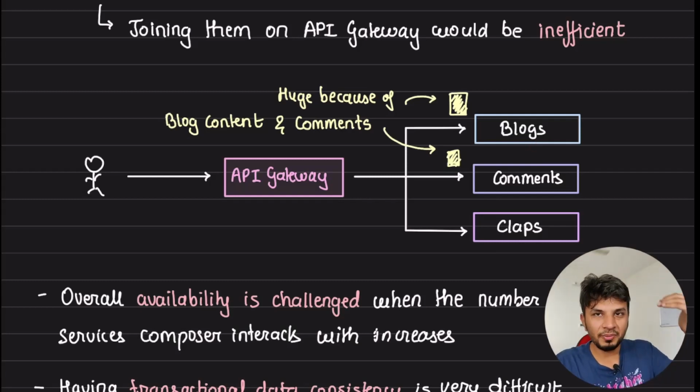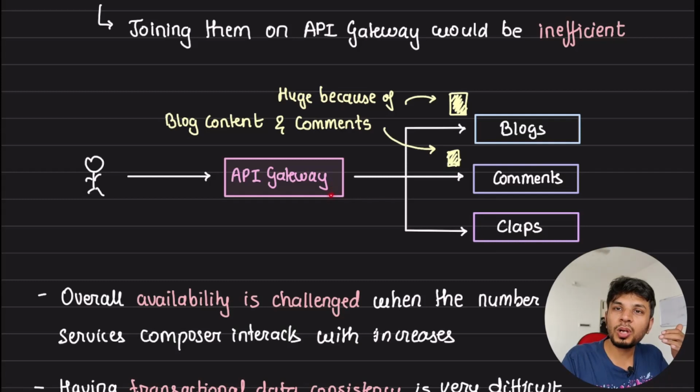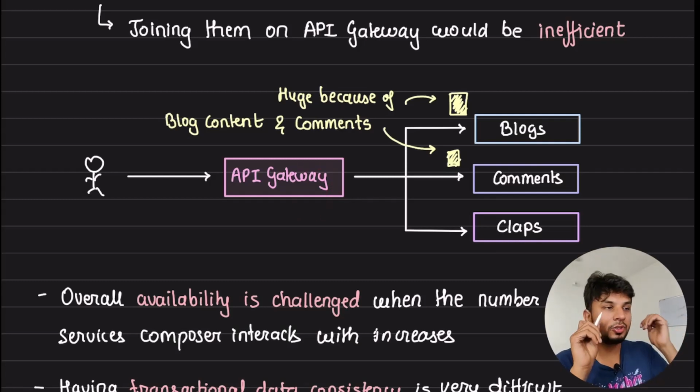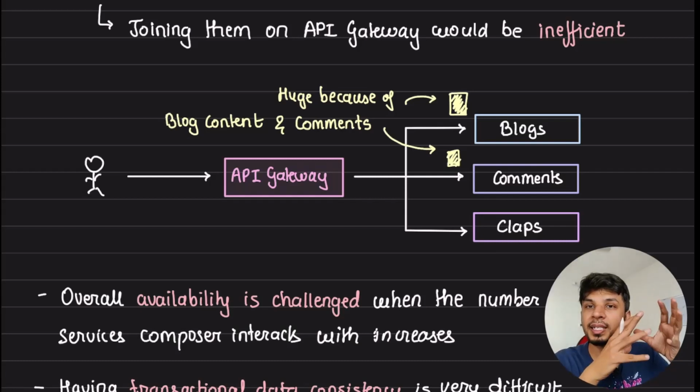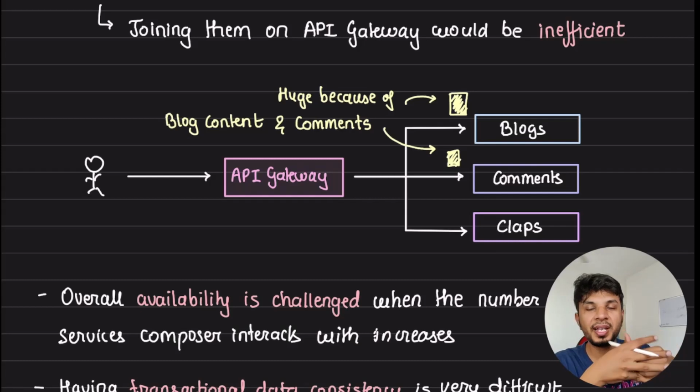You get Wikipedia pages, a lot of comments on those pages and claps that have been made there, and you gather all of that information. It might even go to half a MB in size at the API gateway. Because you send a request, you get a response, everything is happening in memory. Your API gateway's memory will be full very soon, and it will start to choke, and it might even crash when it runs out of memory.